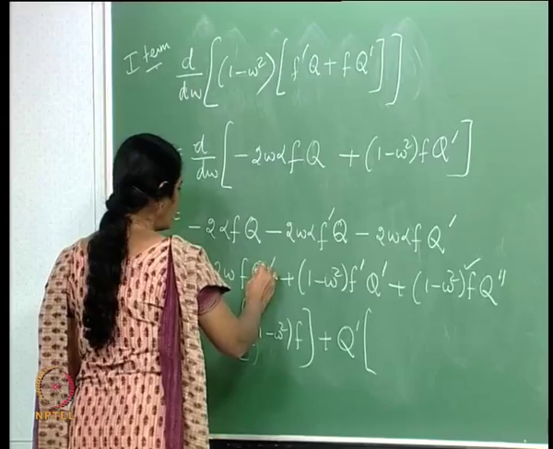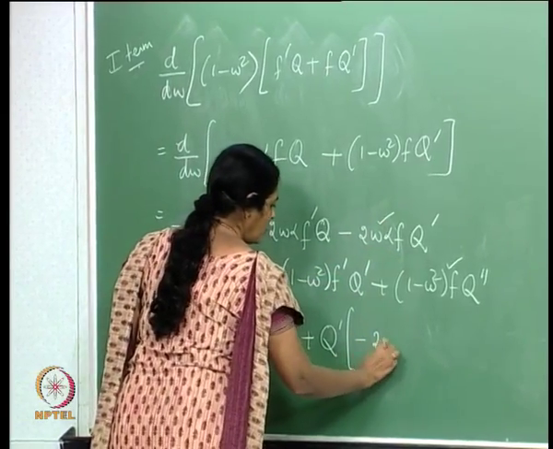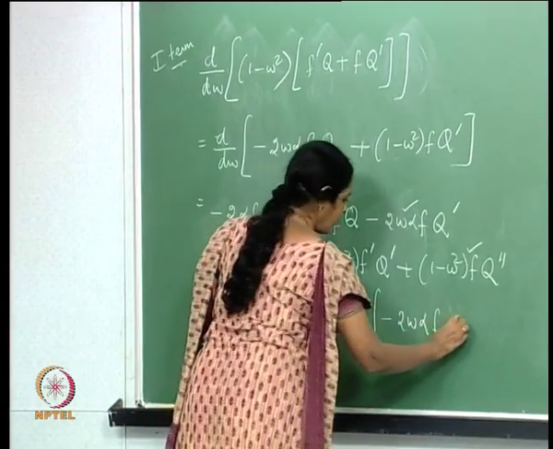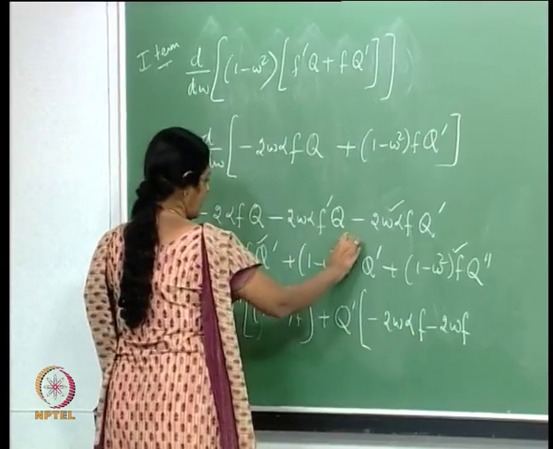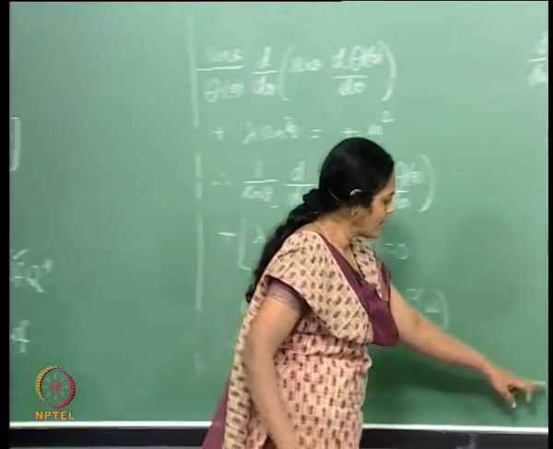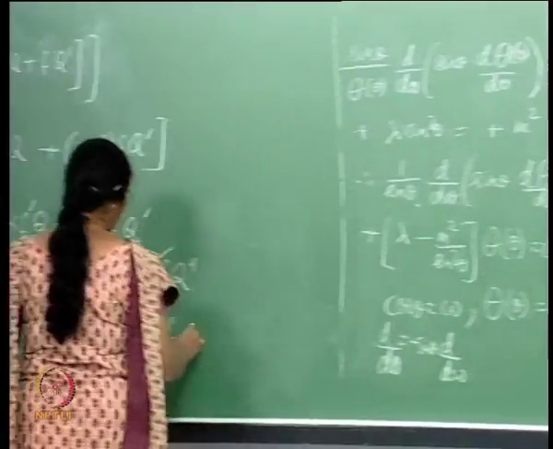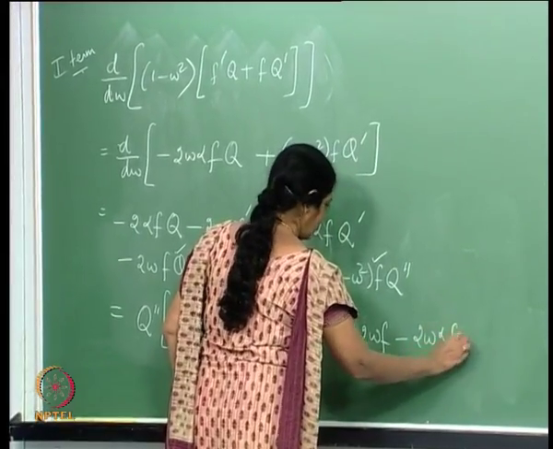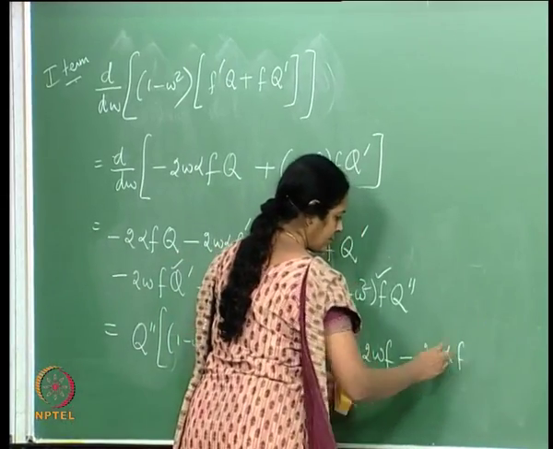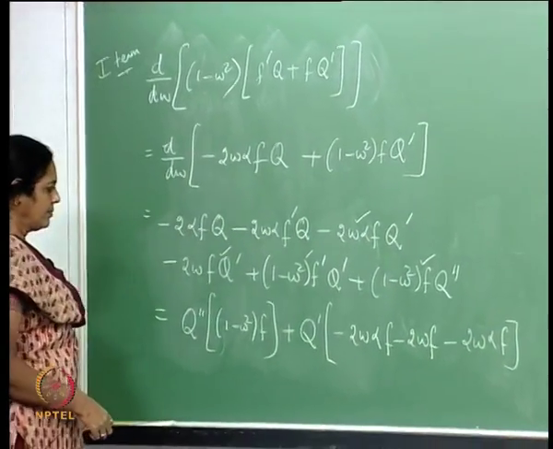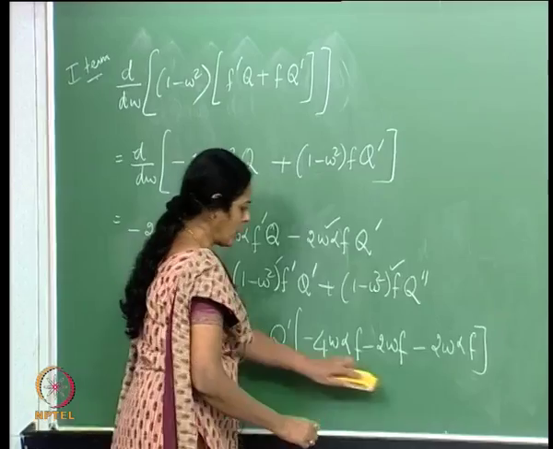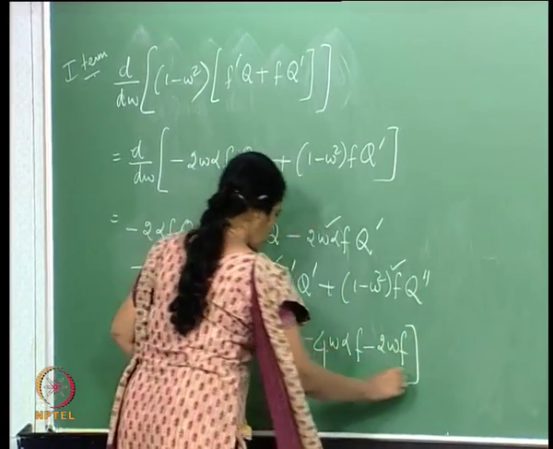So I have −2wα f from here, −2w f from there, plus (1 − w²) f prime q prime. Substitute back. So −2wα f q prime, the q prime has been pulled out, and this can be written as −4wα f − 2w f.